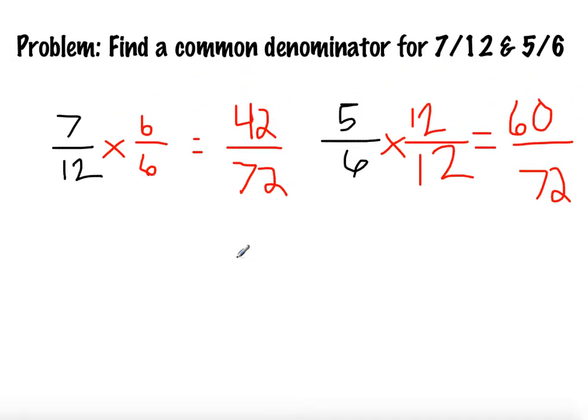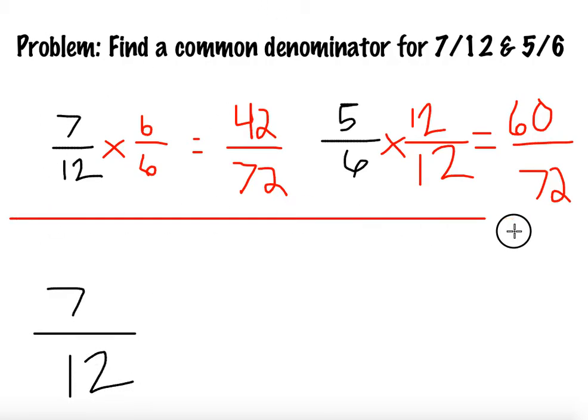The other way that you can do it is by, I'm going to rewrite and also draw a line, because that was my first way. The other way you can do it is also by thinking of a factor or a number that you know goes into both equations, or both fractions rather.